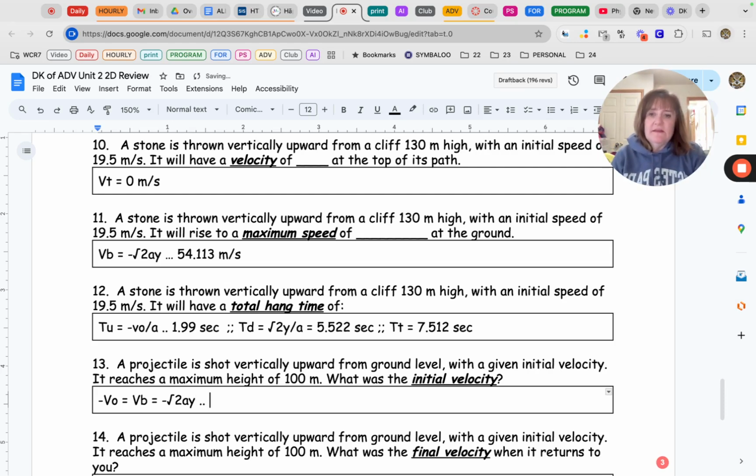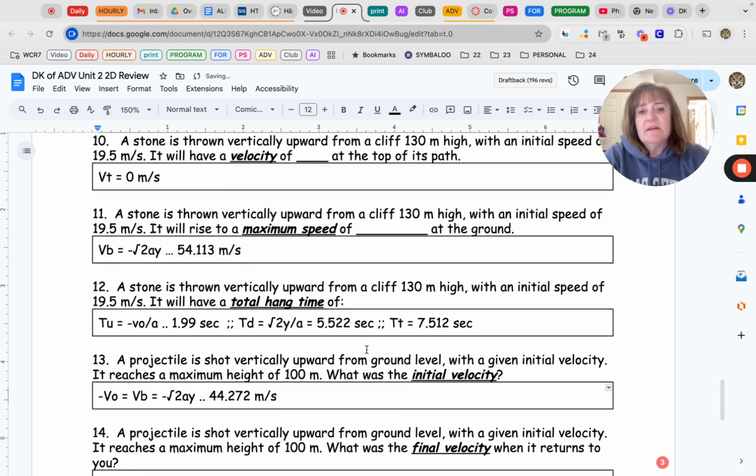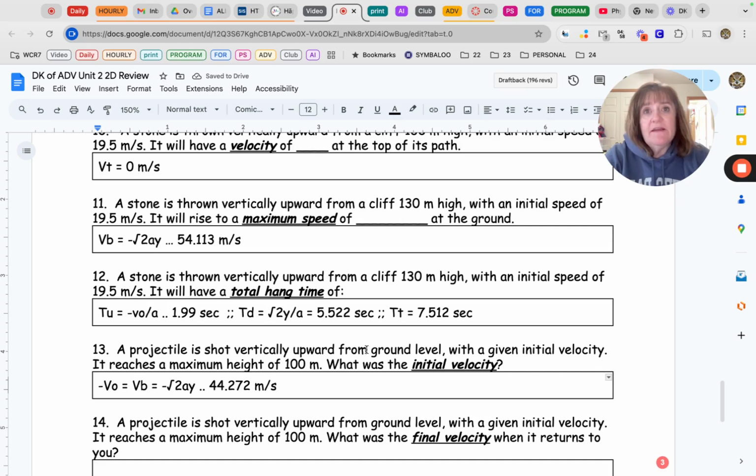So this is the square root of 2 times 9.8 times 100, or an initial velocity of positive 44.272 meters per second, because that's what it's going to come down at, so that must have been what it was put up at.